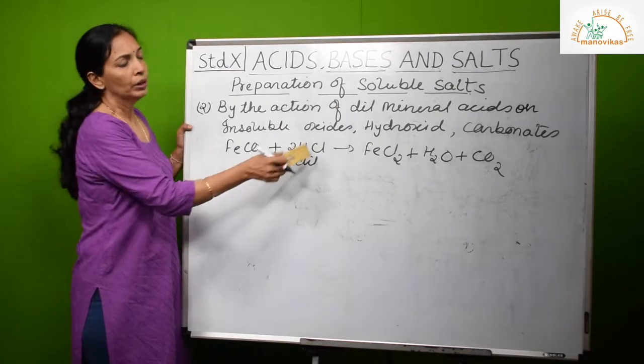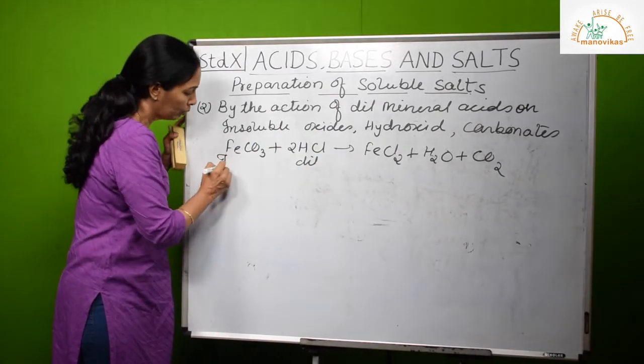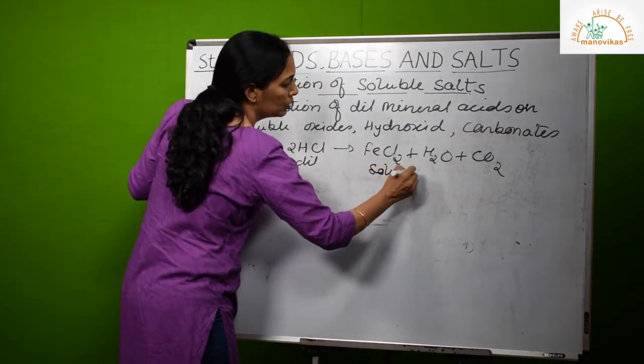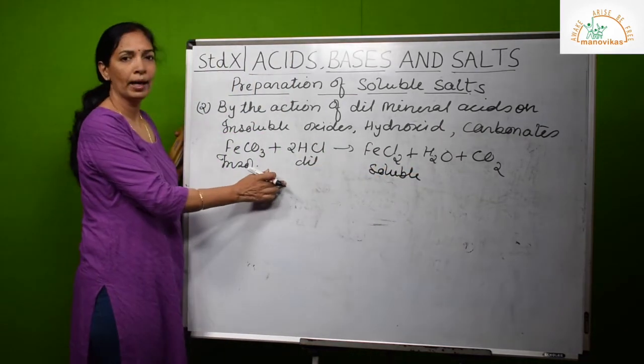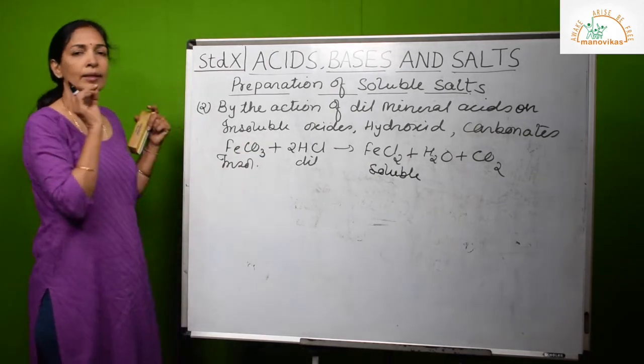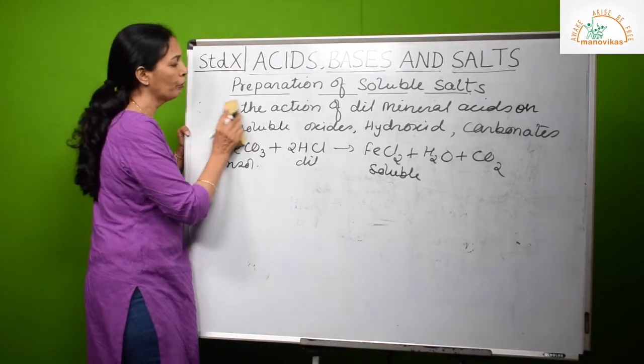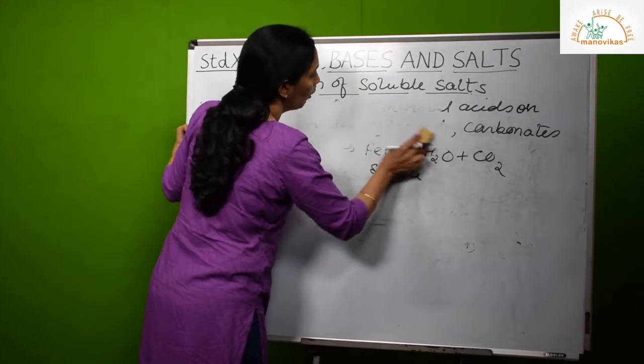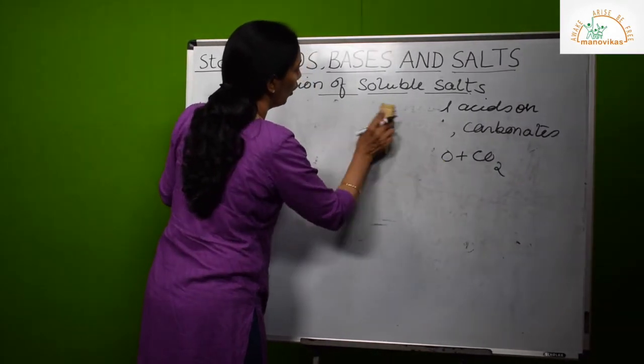So this is insoluble and this is soluble. So insoluble to soluble by the action of dilute mineral acid. This is the second way of preparing soluble salt. The third way of preparing soluble salt, you all know this.